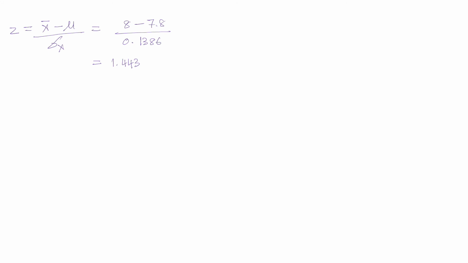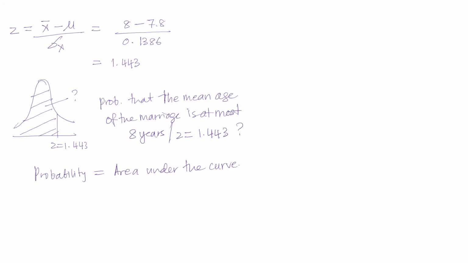So the x value is converted to z as 1.443. So this is the area enclosed by z equal to 1.443. And since the question asks for the probability that the mean age of the marriage is at most 8 years, it covers from the left up to z equal to 1.443.